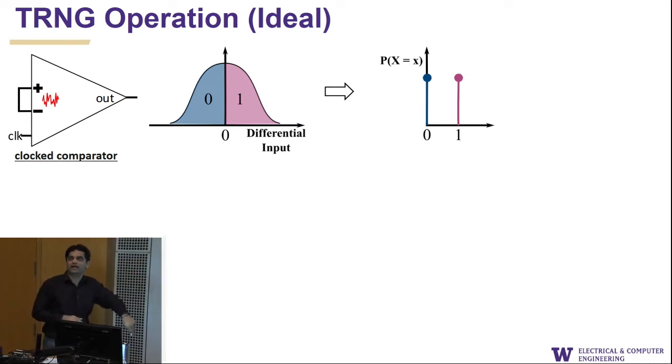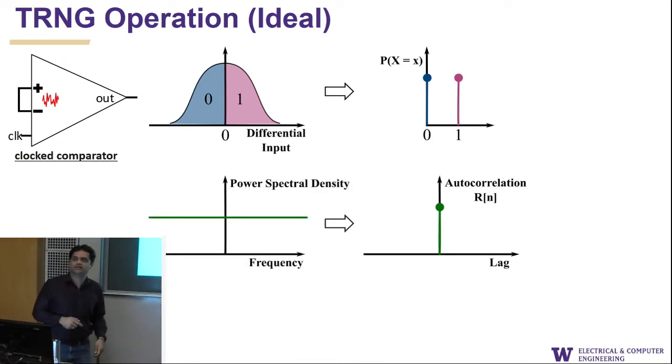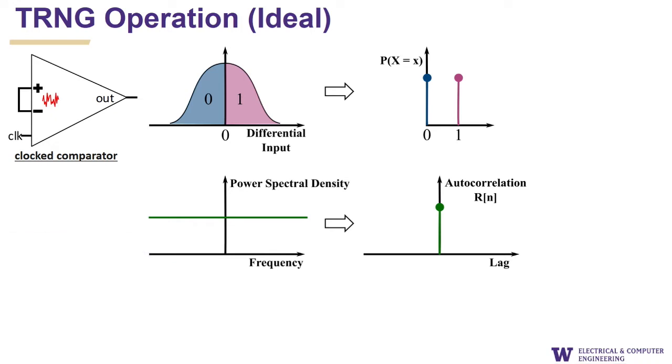But there is another narrative, an equally important narrative, and that's one of power spectral density. If you are going to exploit thermal noise, you are really saying that you're going to take all the noise in the entire spectrum from -infinity to infinity in the frequency spectrum, and you're going to harness that noise.